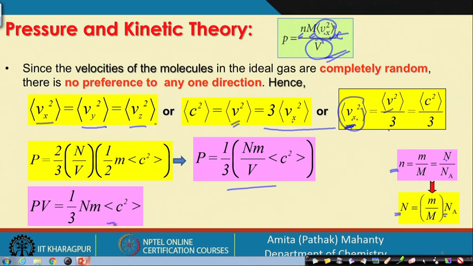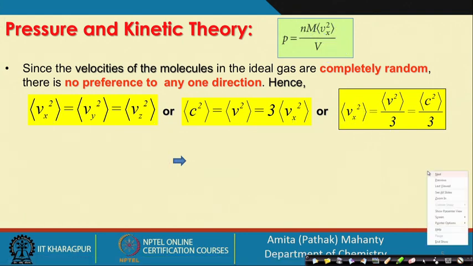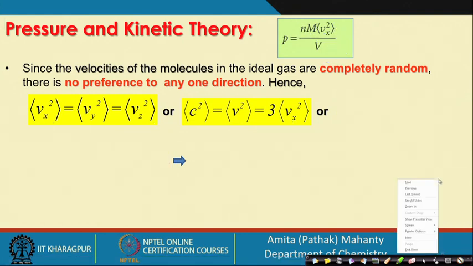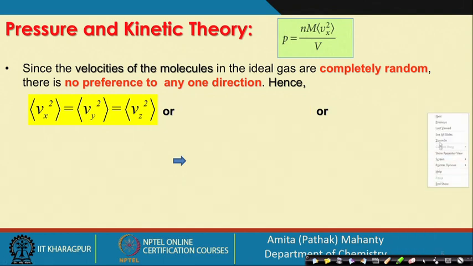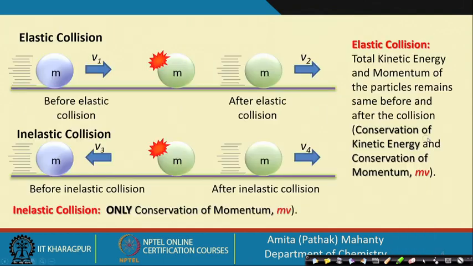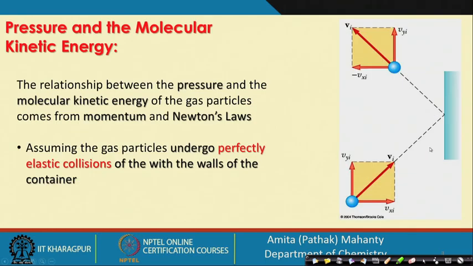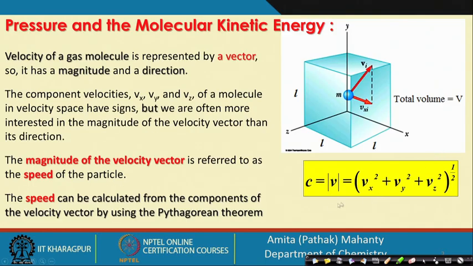Can you just have a look, do it yourself, and only then write what you are seeing here. So, what you are having here, this is the total number of molecules, this is the mass of the molecules, and this is the total volume, and this is the RMS speed or RMS velocity, which is nothing but the under root of the velocity square, the square of all the 3 components, like we have written here.